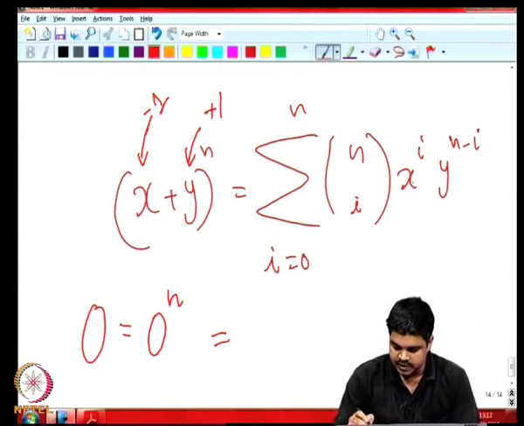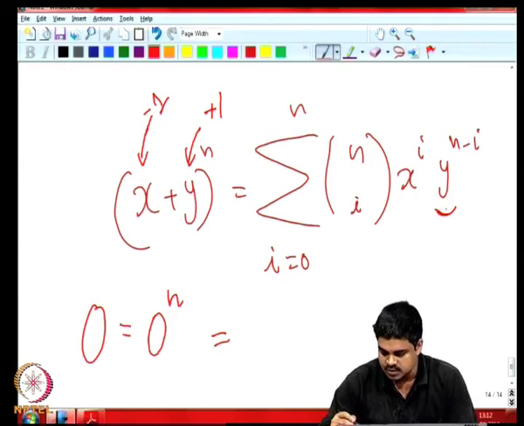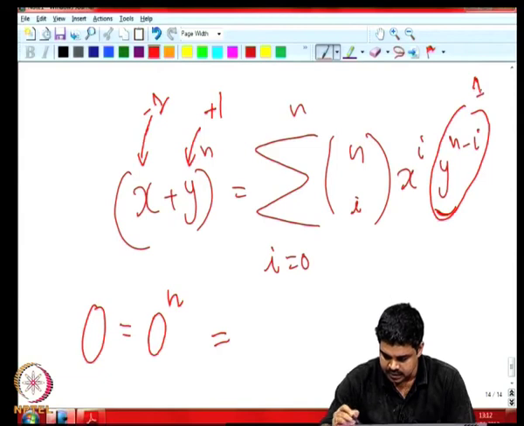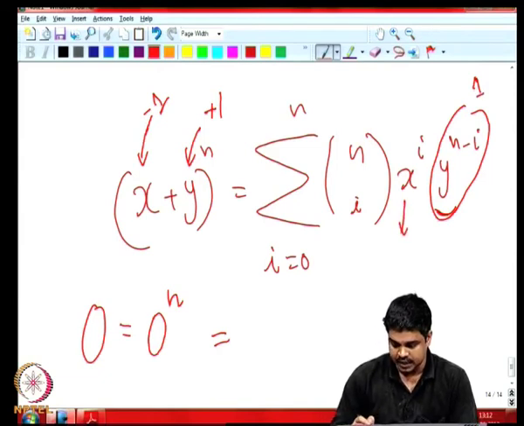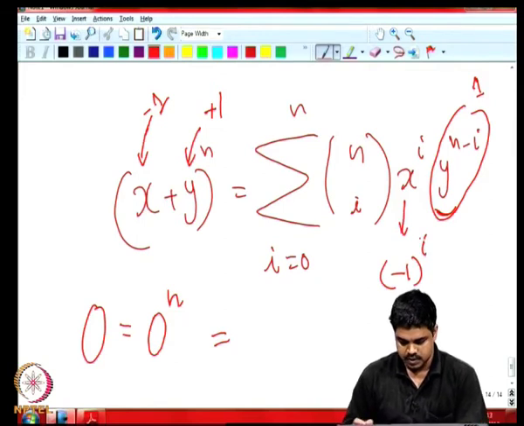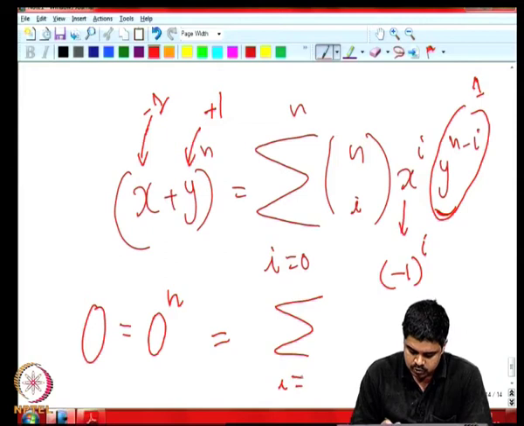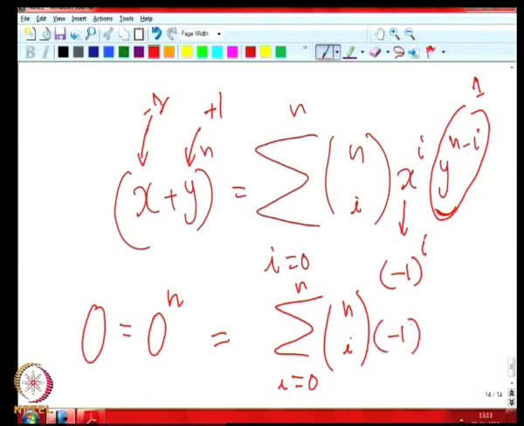Then y raised to n minus i will not contribute anything, because plus 1 raised to any power will remain 1, always. But x raised to i will become minus 1 raised to i. So, this will be written as sigma i equal to 0 to n of n choose i into minus 1 raised to i. This is what we will get.